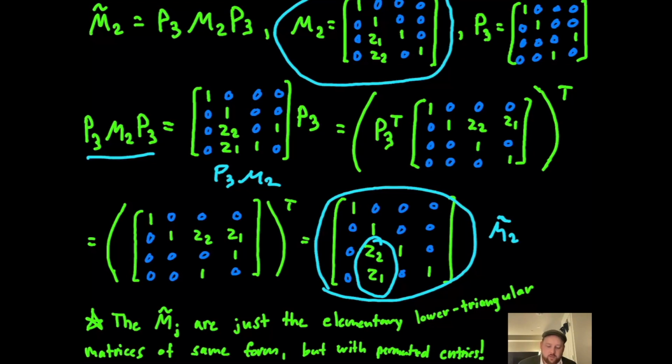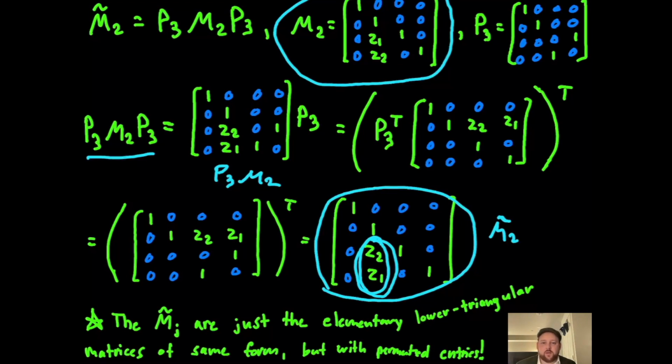But in general, all of these Mj tildes have the same structure as the Mj's without the tildes, but some of the entries below the main diagonal have been swapped, or permuted themselves.